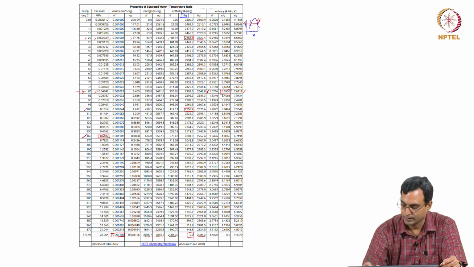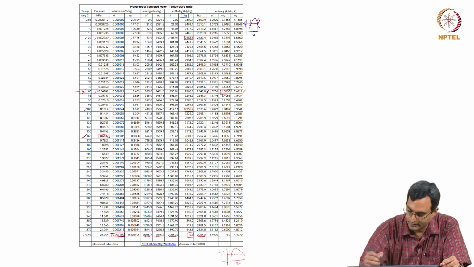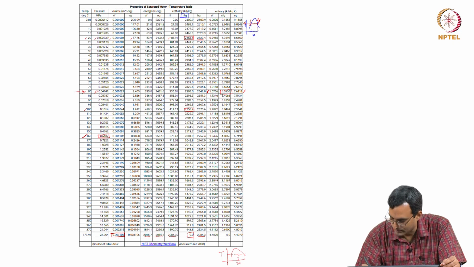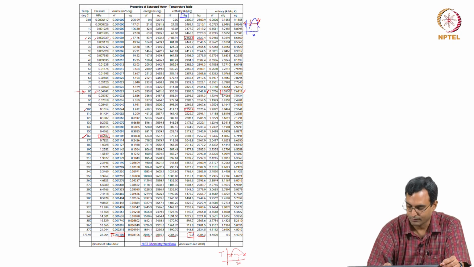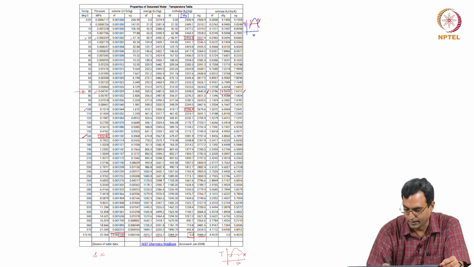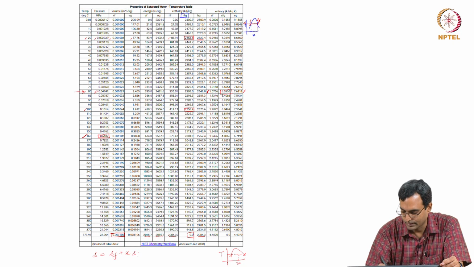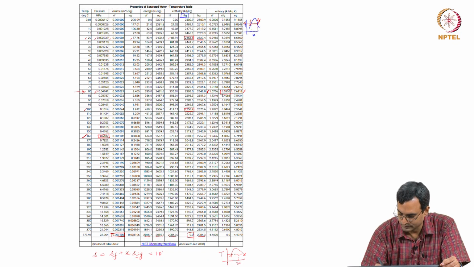And if I was for example on a TV diagram, if I want to know what is the entropy at the same 80 degrees centigrade at a quality of 0.5, which is essentially 0.5 between here and here, then I would find out the entropy in the same way as before. So, I would say S is equal to SF plus X into SFG. So, I would find that out as 1.0756.